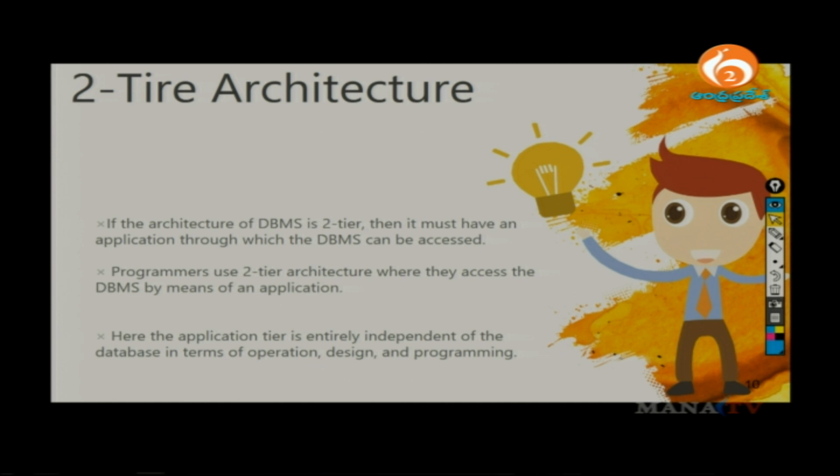The best thing about two-tier architecture is, as an example, the Bluetooth of your mobile device is the best example for two-tier architecture. Bluetooth is designed with a two-tier architecture, meaning this application is able to access only within the two devices.